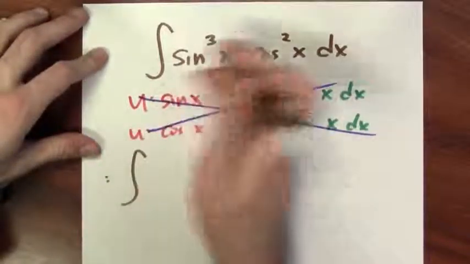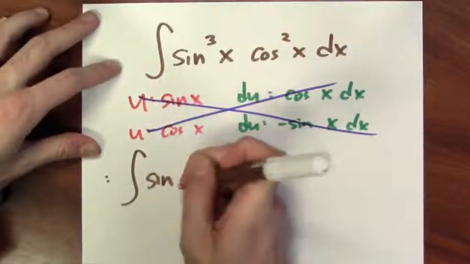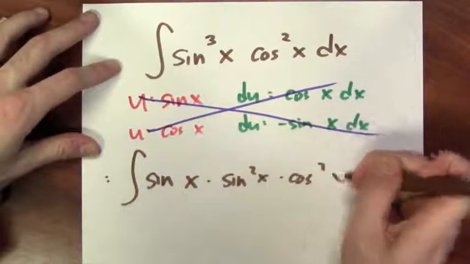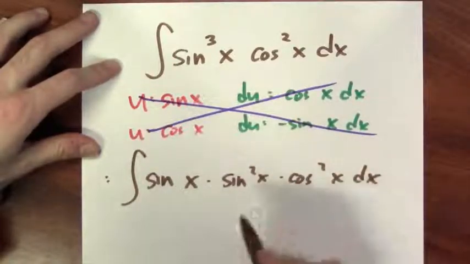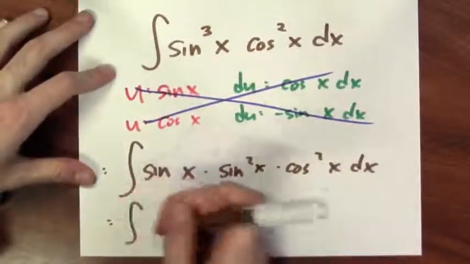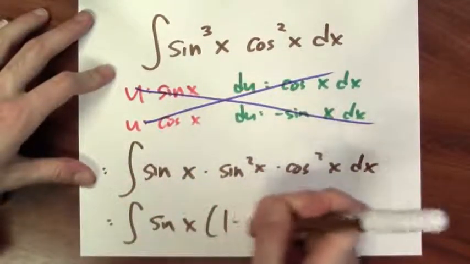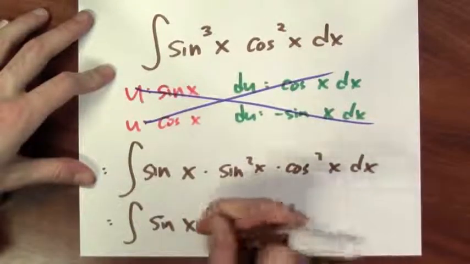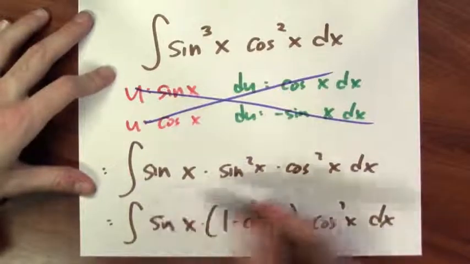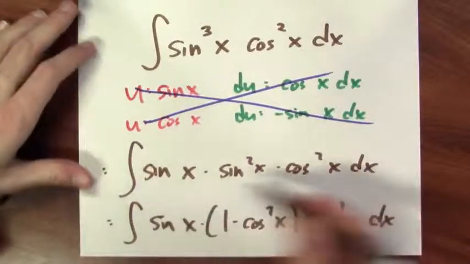What I mean is that I'm going to rewrite the integrand as sine of x times sine squared of x times cosine squared of x. And then I'm going to use the fact that sine squared is 1 minus cosine squared x. All right, so I can rewrite the integral like this.